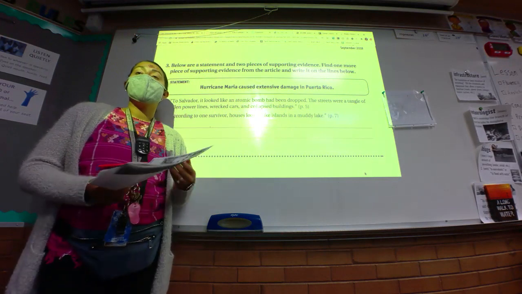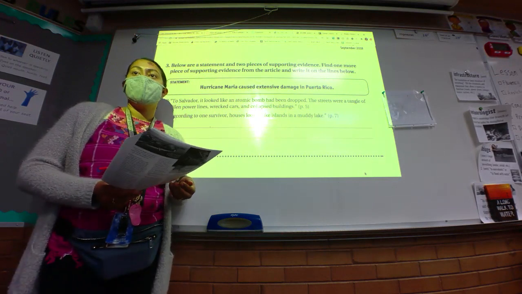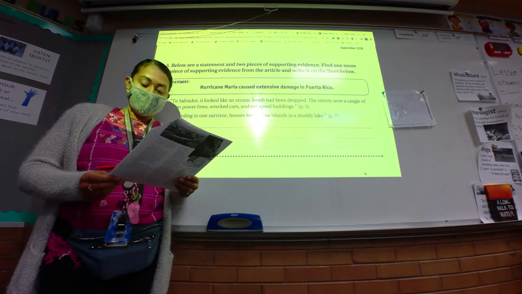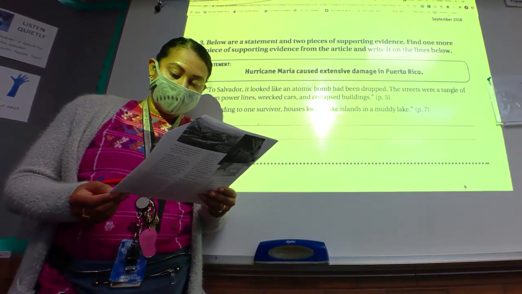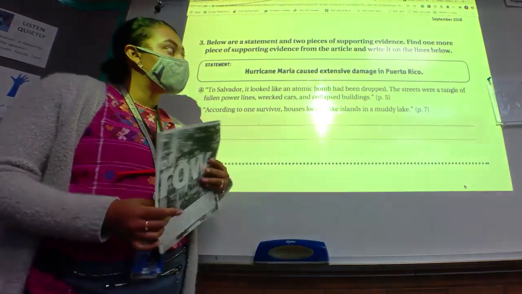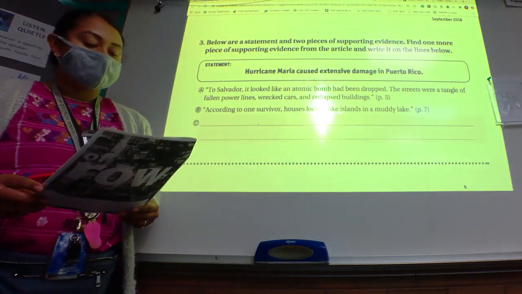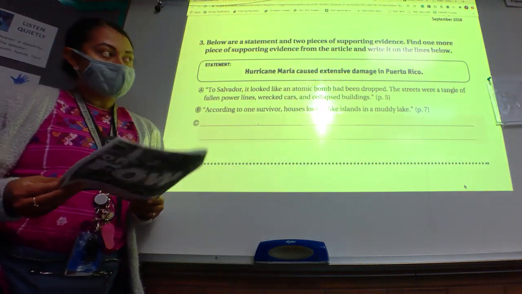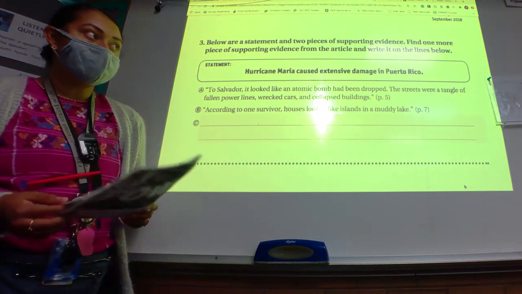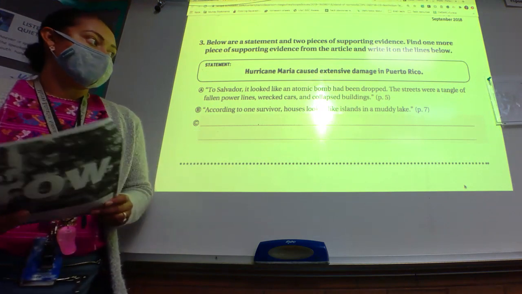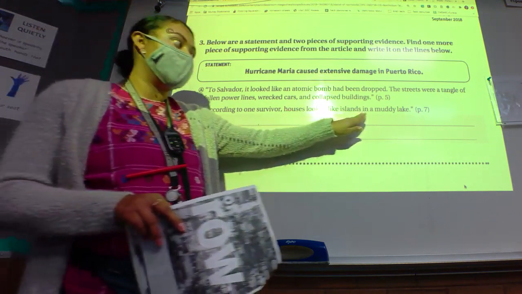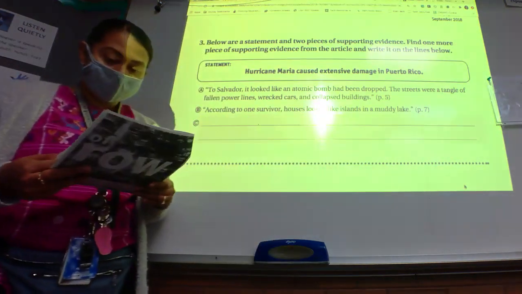Go on, put it away or I'm going to take it away. What page is it on where it says hundreds of people died? Or maybe does it say anything about their homes? It says here houses look like islands in a muddy lake.